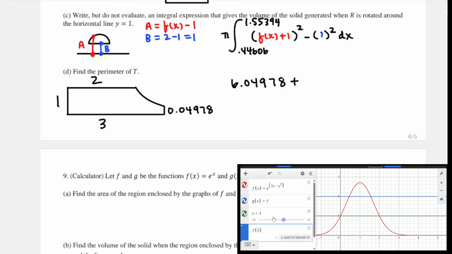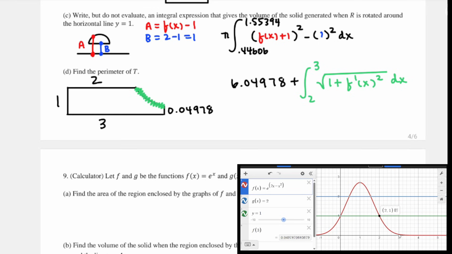I just have to figure out this curved piece right here. And if this is a calculator question, I'm just going to be integrating the square root of 1 plus, I've already defined f, so I can just say f prime of x squared. That's what I'm going to type into the calculator. And we're going to be integrating from x equals 2, that intersection point right here, up to x equals 3, because I've got to stop somewhere.